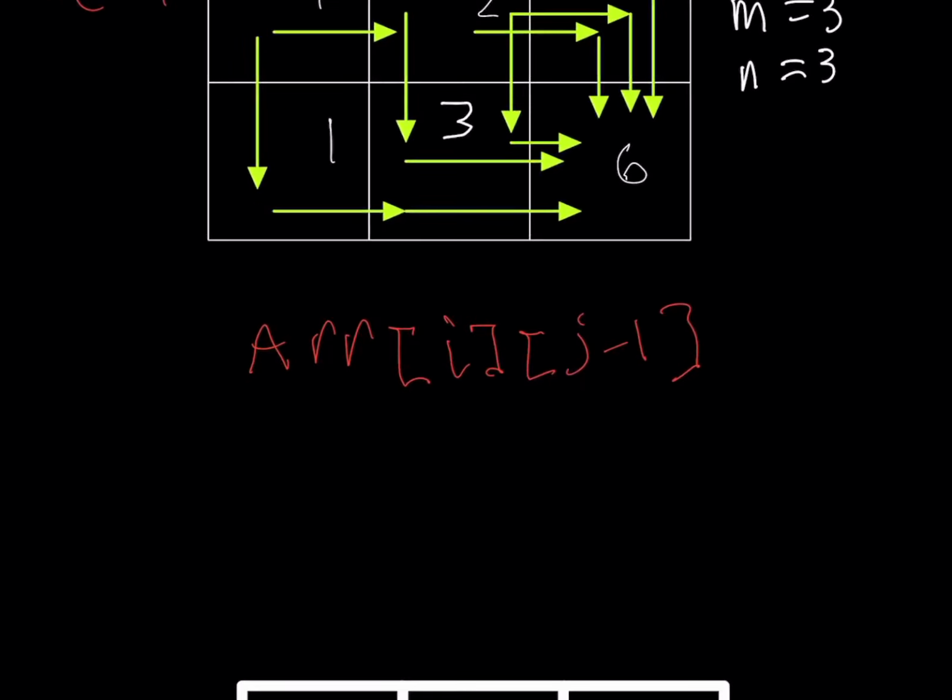So we're going to put that, and then we're going to put r of i minus 1, j. We're going to add these two together, and that's where we get our solution. So this is how we will get our solution. We'll call this res.